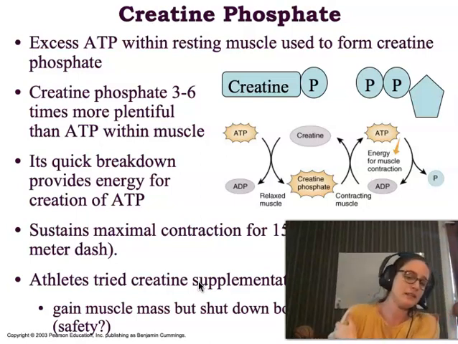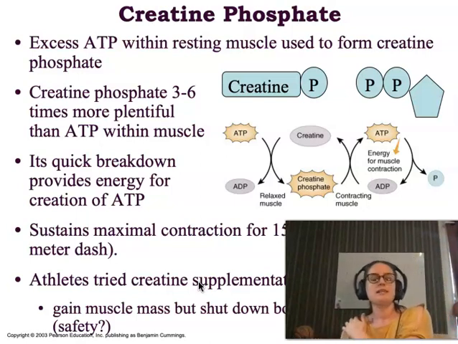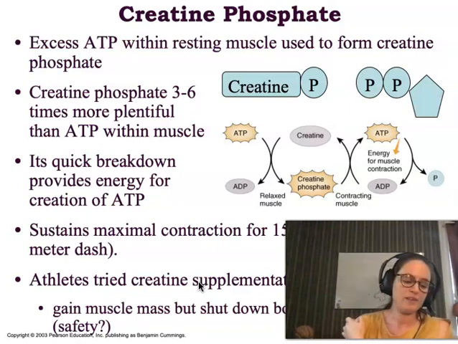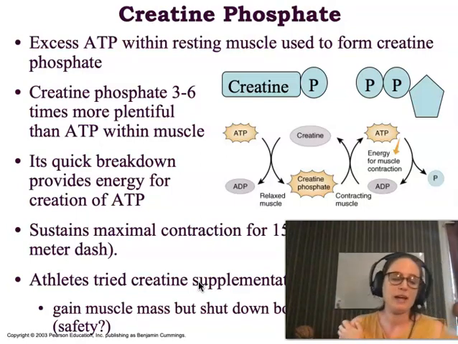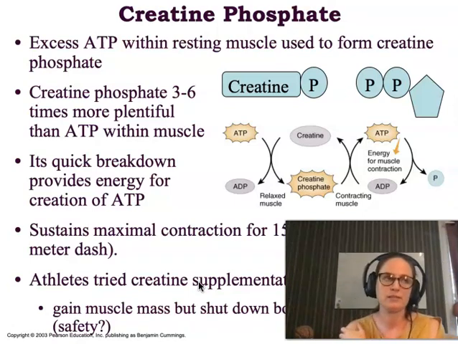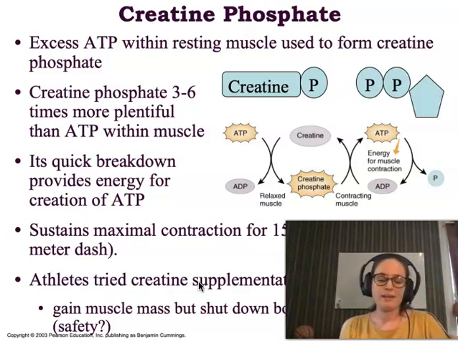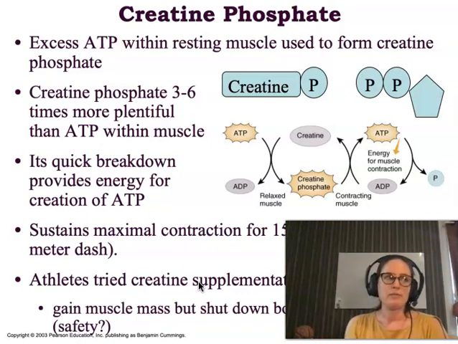There's a good reason to learn about this. If you are testing to see if somebody's kidneys are working, one of the tests might be a creatinine test, which is a metabolic byproduct of creatine. But if you're an athlete and you've been supplementing with creatine phosphate, you might mess up on that test and it might come back with, whoa, your kidneys are failing, buddy.